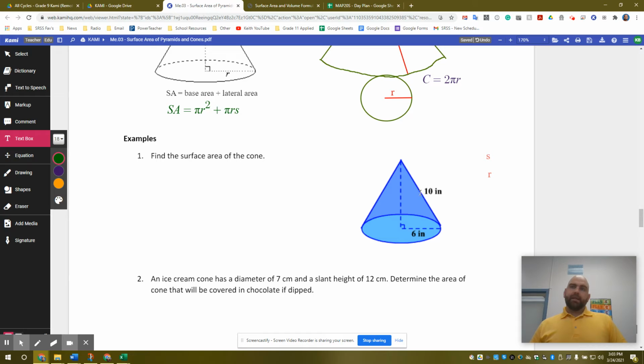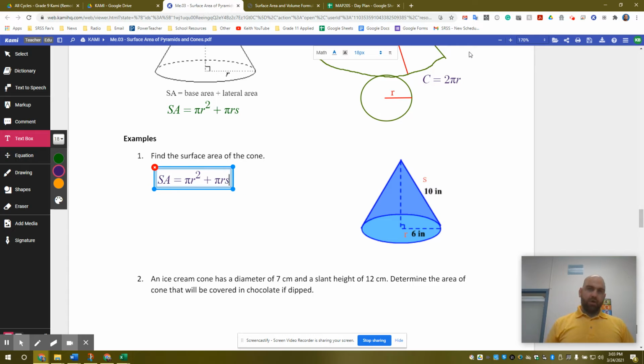We have our radius, which I've already prepared; r is this distance right here, and our slant height is along the side. The slant height is the side of our cone, not the up and down, so it's always listed on the side. We're going to use our surface area formula. Again, for a cone, we can always use this formula: pi r squared plus pi r s.